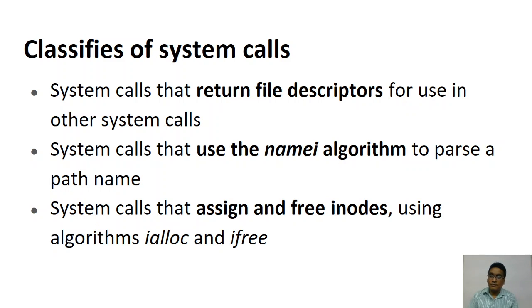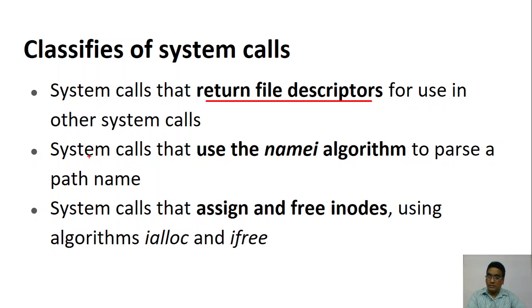Now let's look at the classification of the system calls which are used for handling the file. The first classification is based on the returned file descriptor. Whenever we call these system calls, they are going to return us a file descriptor.